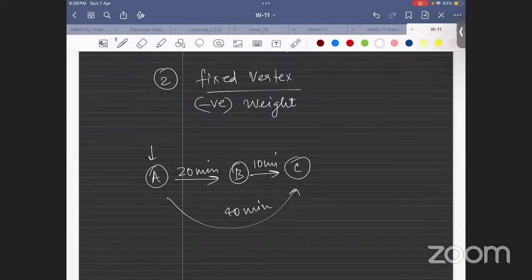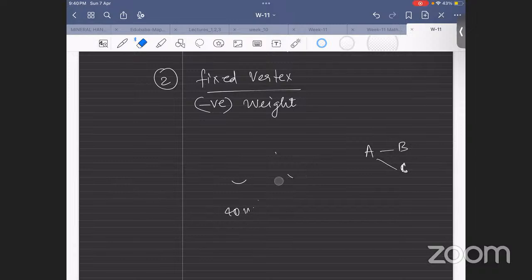I'm just fixing A. Can you tell me the shortest path from A to B and how much time it will take? 20, right? And from A to C, I have to calculate it similarly. So here you can use Dijkstra's algorithm. We fix A and calculate the shortest path from A to each of the other vertices. Is it clear to you? Yes, sir.